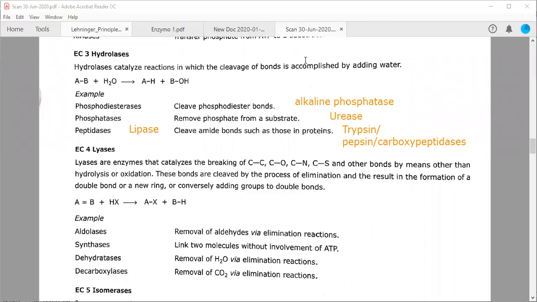After this, I will move to another class that is called lyase. Lyase is a kind of enzyme that catalyzes the breaking of these bonds, but without hydrolysis. It will not involve the water molecule, and oxidation or hydrolysis will not be the case.